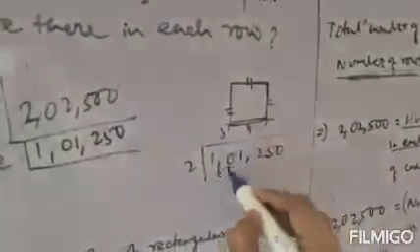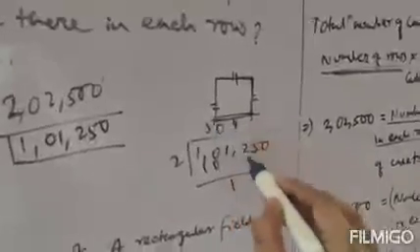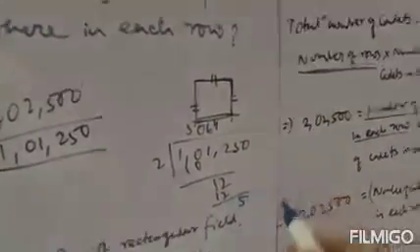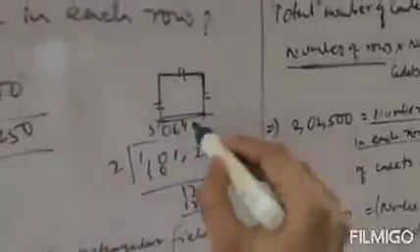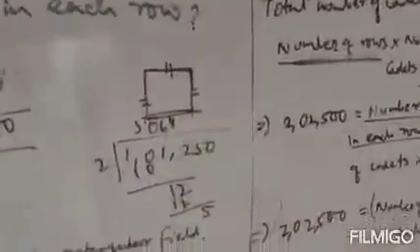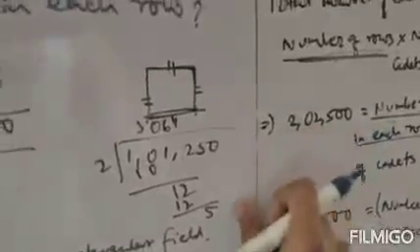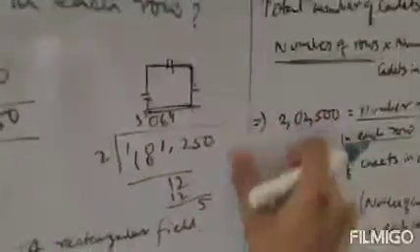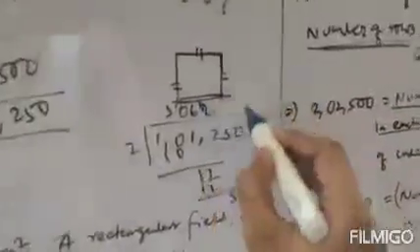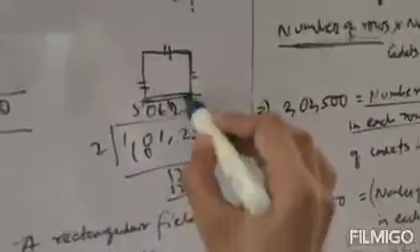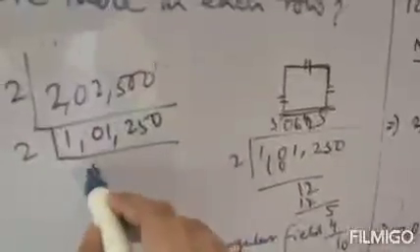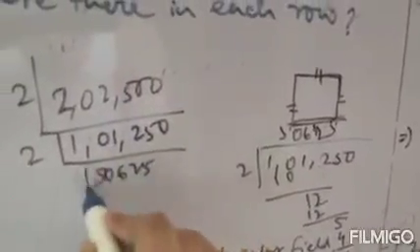Two fives are 10, 1 0, 2 sixes are 12, 5 0 0. Two twos are 4, 1 0, 2 fives are 10. Therefore, it is 50625. Now divide by 5.